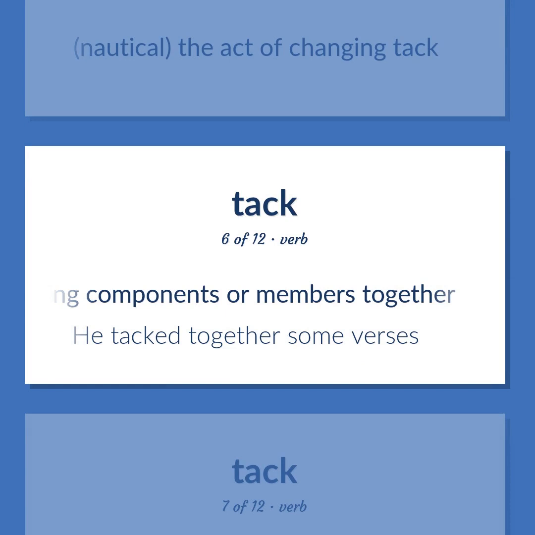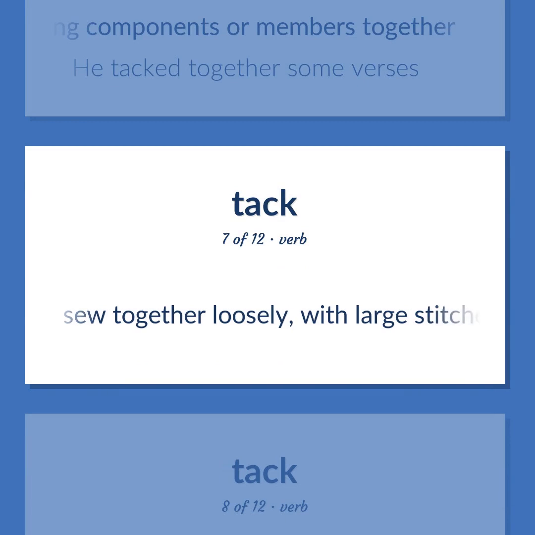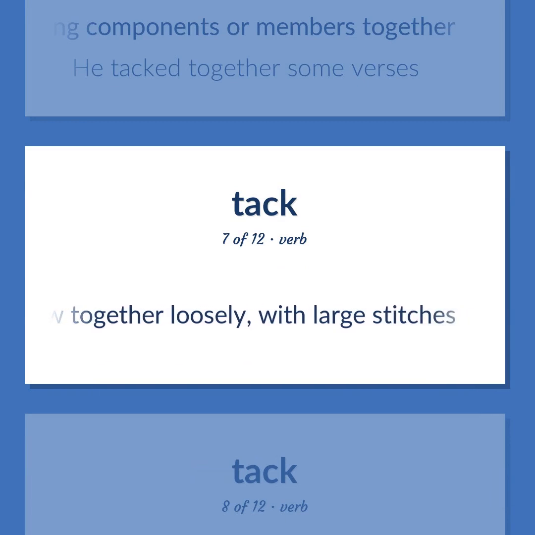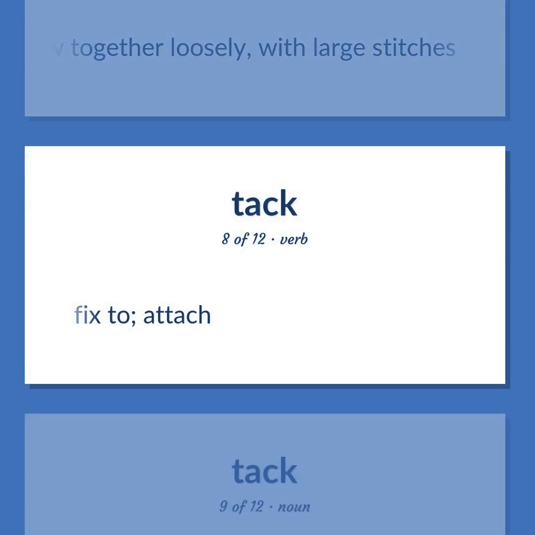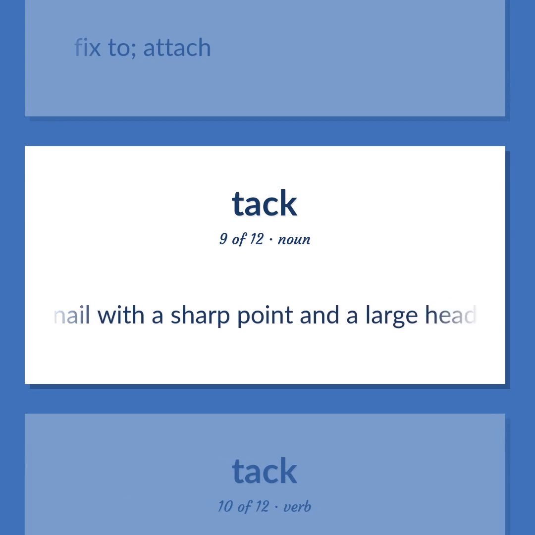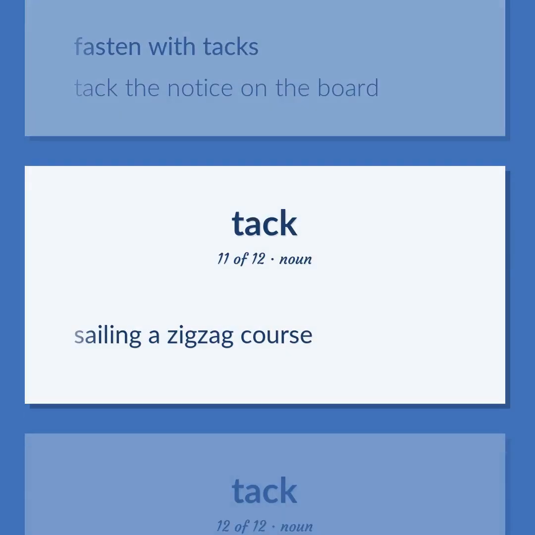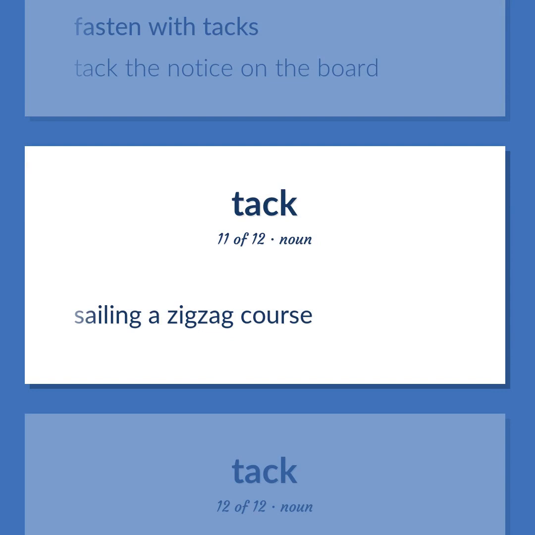He tacked together some verses. Sew together loosely, with large stitches. Fix to. Attach. A short nail with a sharp point and a large head. Fasten with tacks. Tack the notice on the board. Sailing a zigzag course.